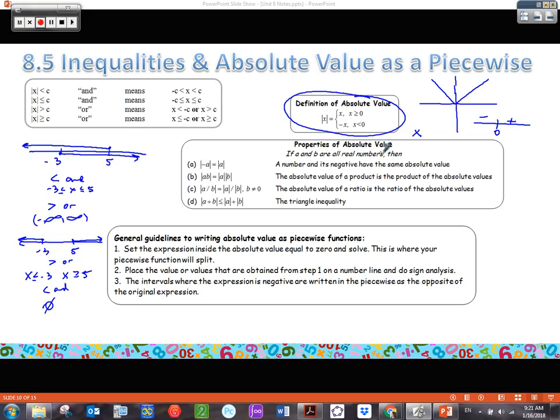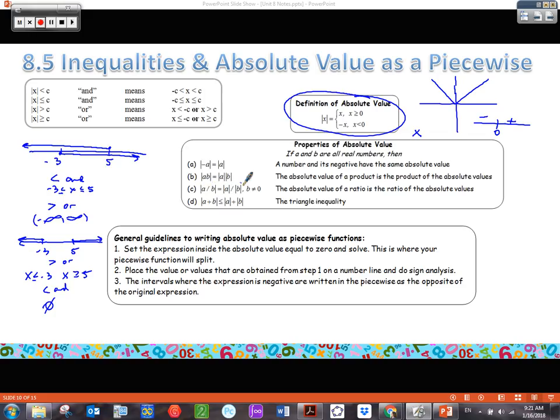There's a couple different ways I want you to think about what we're doing so that you understand it instead of just merely copying down a formula, because we're going to encounter some that may not be as easy or regular as that. So here are some properties of absolute value. I think we're all familiar with property A. The absolute value of -1 is 1, so that makes sense.